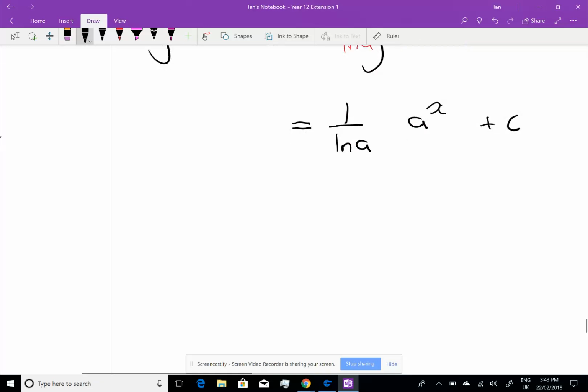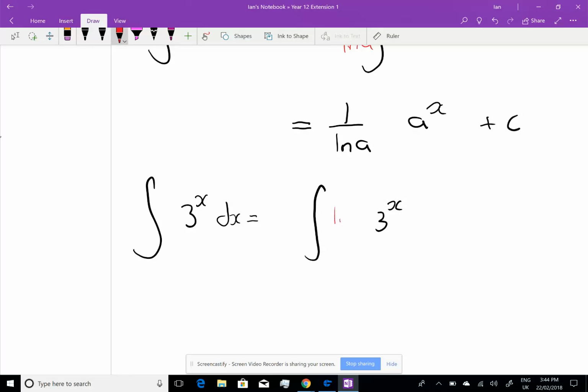So if I were to integrate 3 to the x dx, I would have to do a bit of hokey pokey. I'd have to put an ln 3 in there and a 1 on ln 3 here.